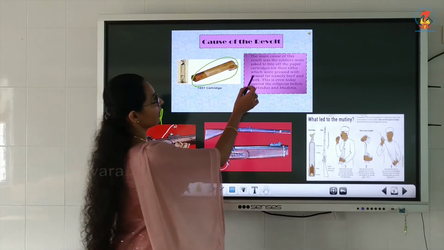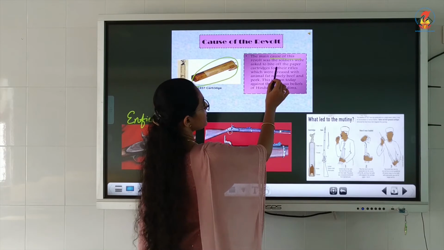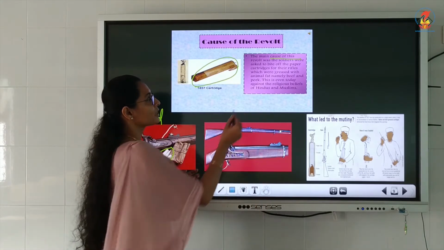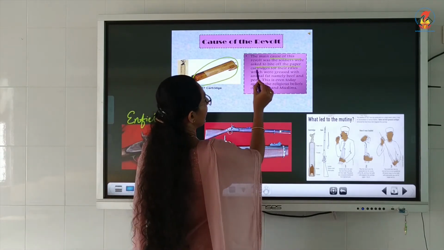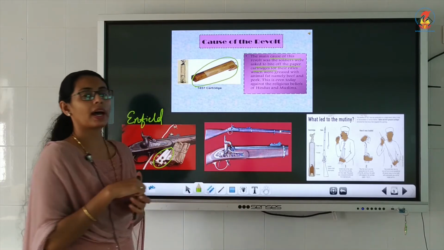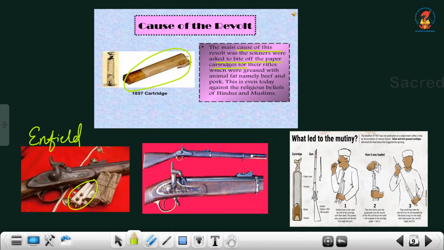So the main cause of the revolt was that the soldiers were asked to bite off the paper of the cartridge. With one hand they pulled the edge, and with their teeth they had to tear that greased paper and fill the powder into the Enfield rifle.